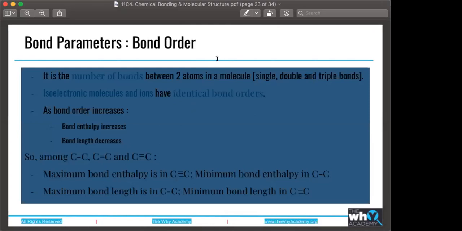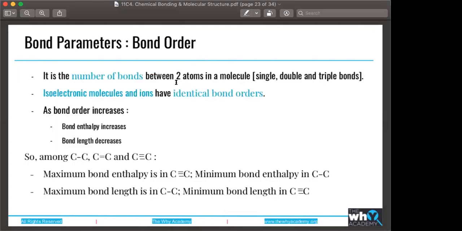What this means is, if the total number of electrons is the same when you're considering two molecules or ions, then they will have identical bond orders. If they're supposed to have double bonds, then that particular species will end up having either two single bonds or one double bond, I'd say.